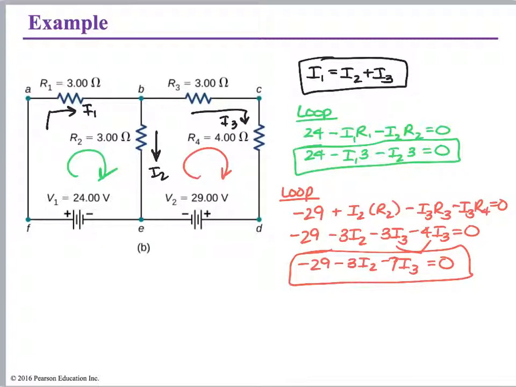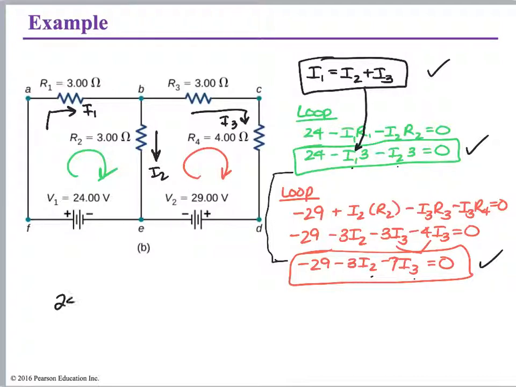So the issue here is I have three equations and three unknowns. And I'm going to show you how I like to solve these. I want to work with these two equations simultaneously, but I need them to be the same two currents as their unknowns. This one has I1 and I2, this one has I2 and I3. So I'm going to use this expression here to get rid of I1 in this equation. So I'm going to start down here.